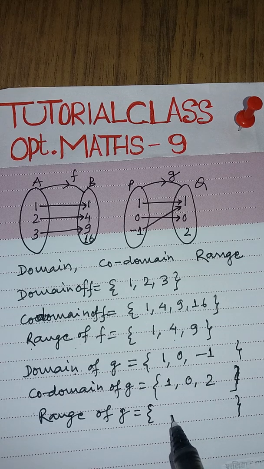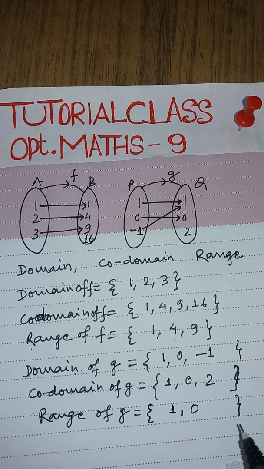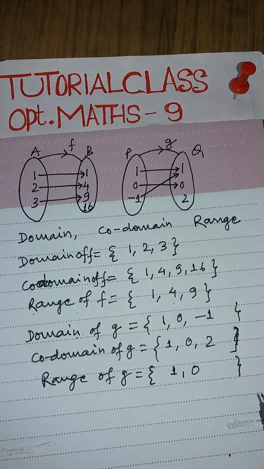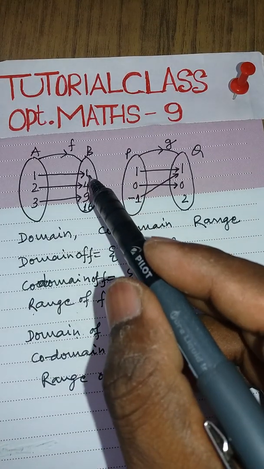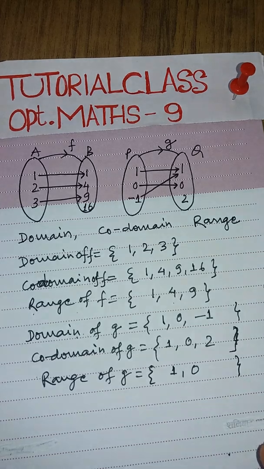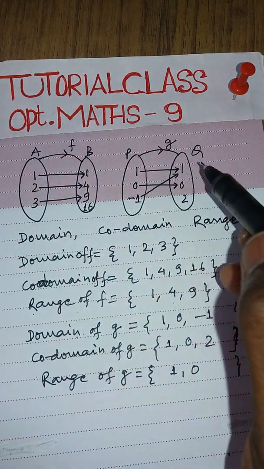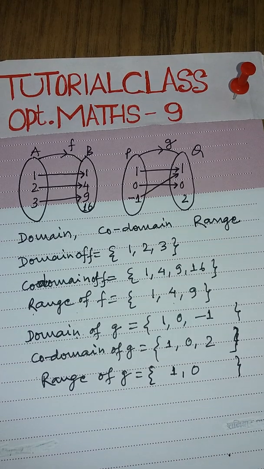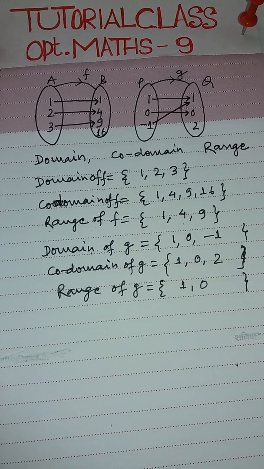And here 1, 0. What we are looking at here: domain is the first set in the function. Codomain is all the elements of the second set. And what is the range? Only the mapped elements of the second set are the range. Here you learned about the domain, codomain and range also.